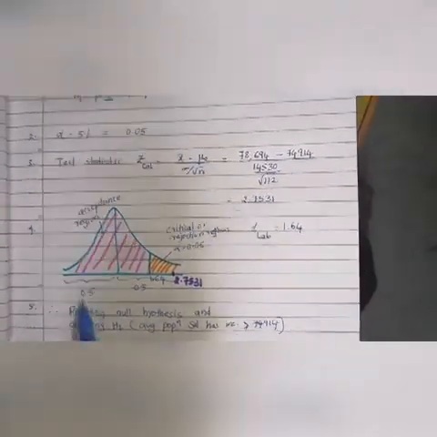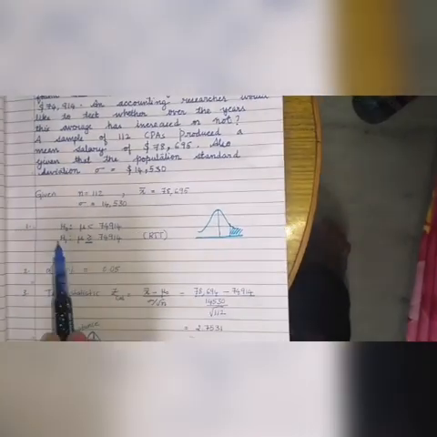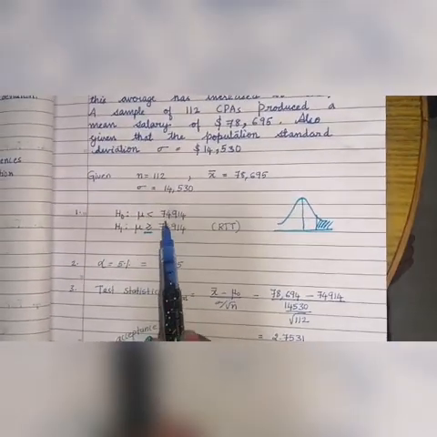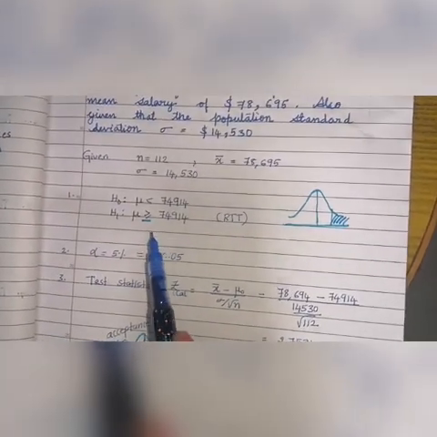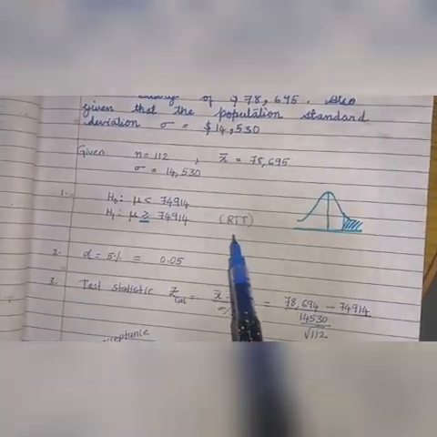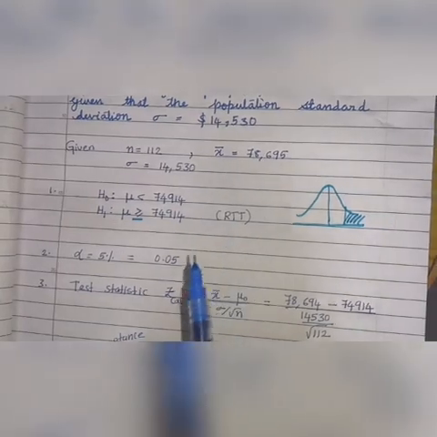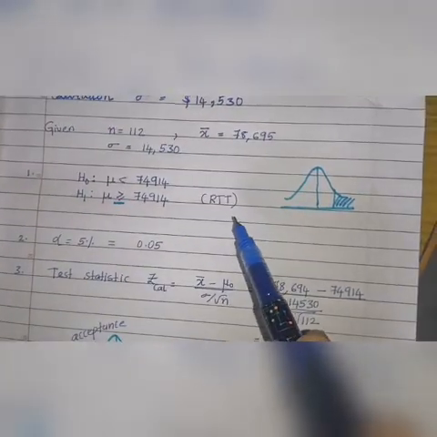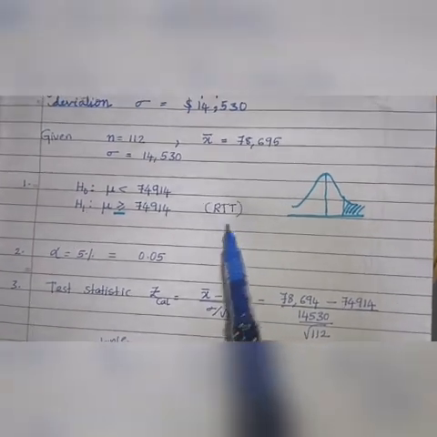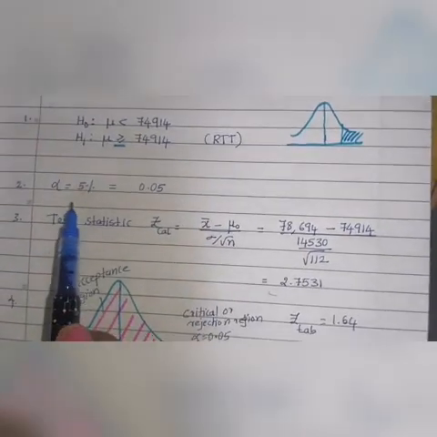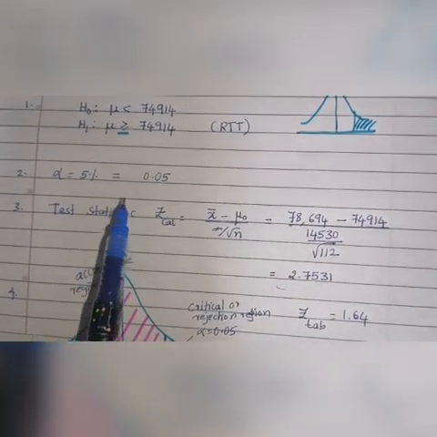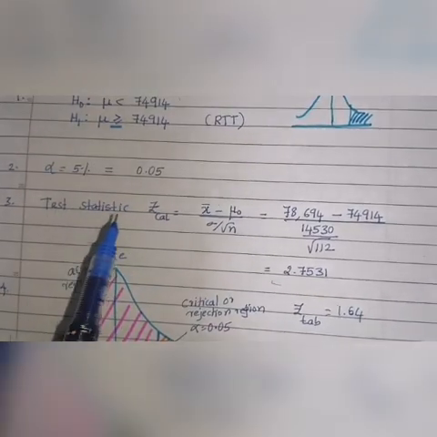We have finished the procedure. First we decided what is the null hypothesis and what is the alternative hypothesis. In the same step we also decided if it should be a one tail test, that is, a right tail test or a left tail test, or a two tail test. Then we decided the level of significance. Basically we assume it to be 0.05, otherwise they give it in the question.